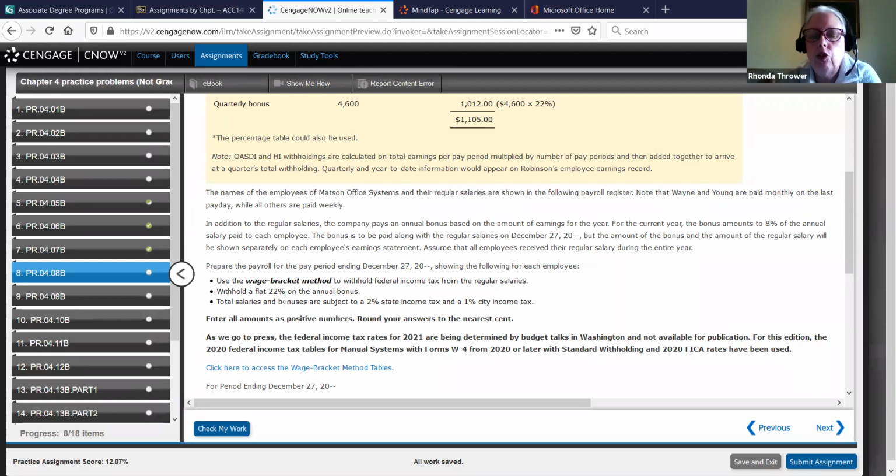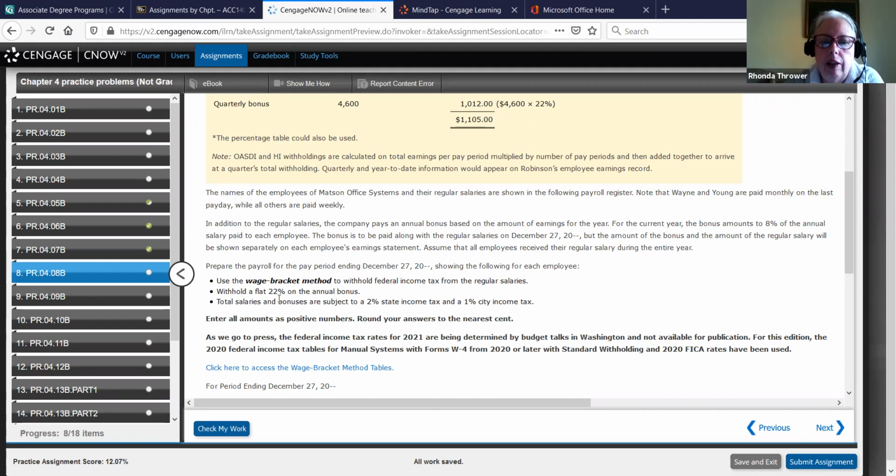Now, there are two methods which you could have done this that are described in your book. This is method B, where they're saying we're just going to withhold a flat 22% on the annual amount of bonus. But I feel like I need to mention to you that there could have been method A, which is where we would add the salaries and the bonus together and then find the federal taxes on both of those amounts combined.